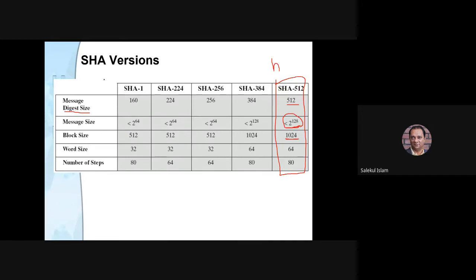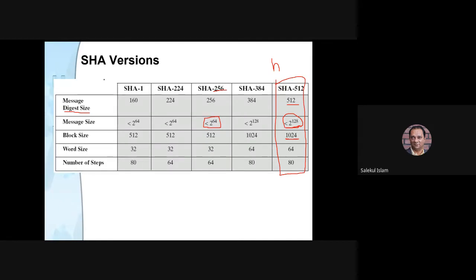Here you can easily understand that in SHA-256, what is the length of L? 64. If you look at the specification of SHA-256, you will find that 64 bits have been given to write down the length of the message, because this is an old specification, and at that time we did not have that much bandwidth.